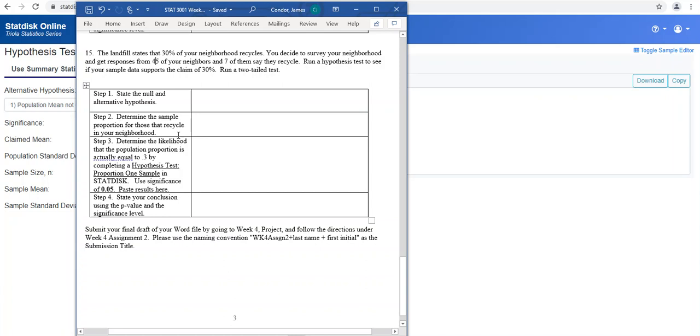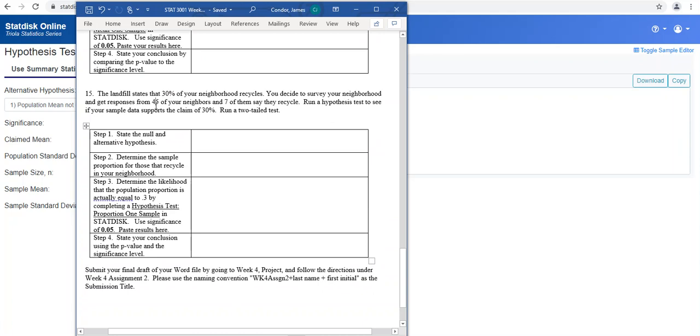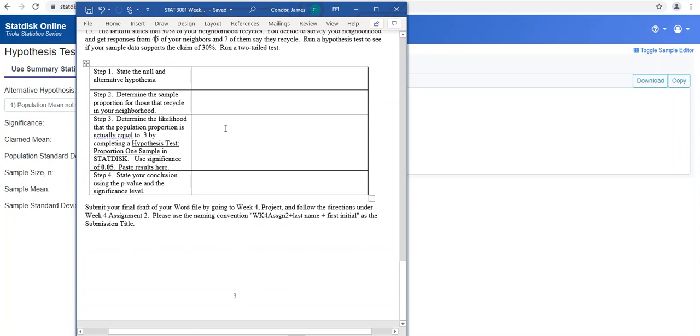Determine the proportion. Okay, well, 7 out of 45 was the proportion. Okay. Now, is that close enough to 30%? I don't know. Is it statistically significantly different? That's why we do this, because sometimes you can look at numbers and say, oh, heck, that's definitely not close. But you need a standard.